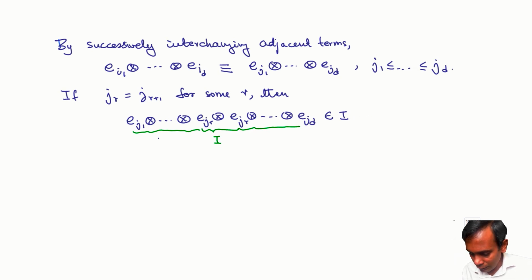And so this is congruent to 0 mod I. So the only terms that survive are where J1 is strictly less than J2 is strictly less than JD.